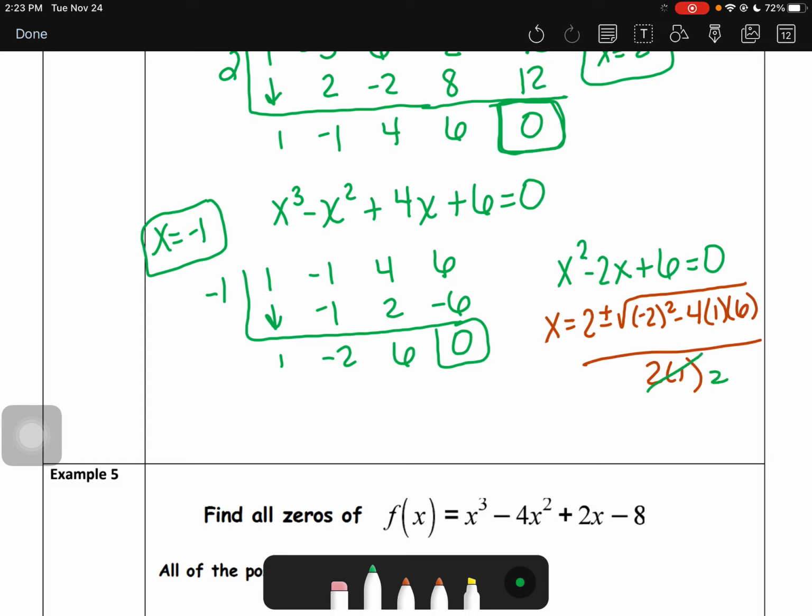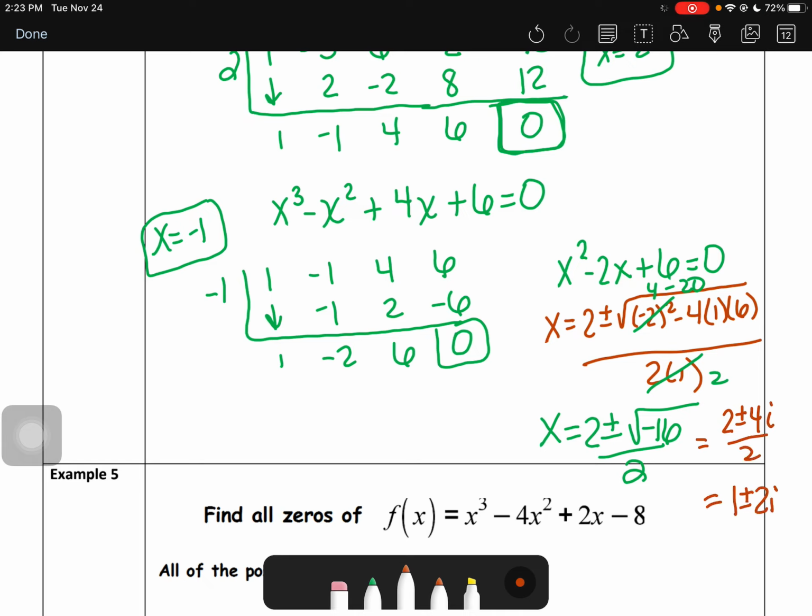This looks similar to one that we've already done. So we have 4 minus 20. So we have x equals 2 plus or minus square root of -16 over 2. And we already took care of knowing that this would be 2 plus or minus 4i over 2, which would be 1 plus or minus 2i. So that would be our other two solutions.